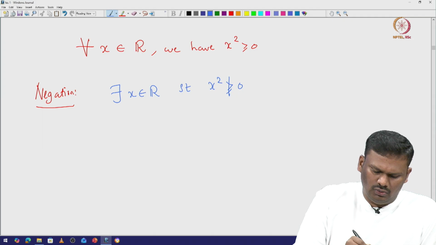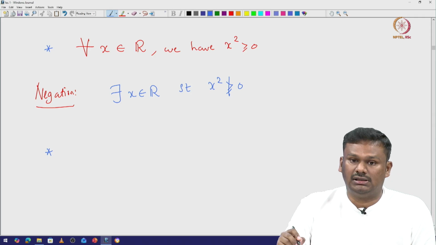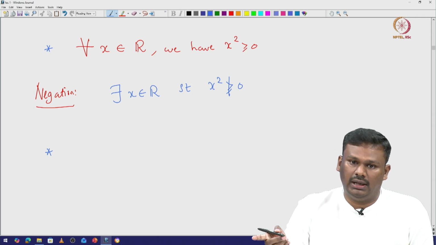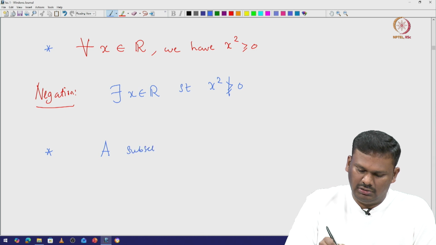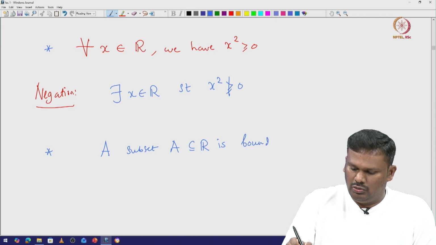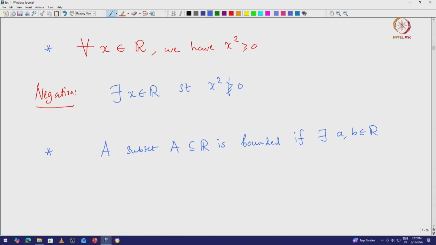Maybe one more example we will do. For example, we can say that if a subset of R is bounded, then it is bounded above and bounded below. Let me define: a subset A of R is bounded if there exist a and b in R such that a is less than b and A is contained in the bracket [a, b].